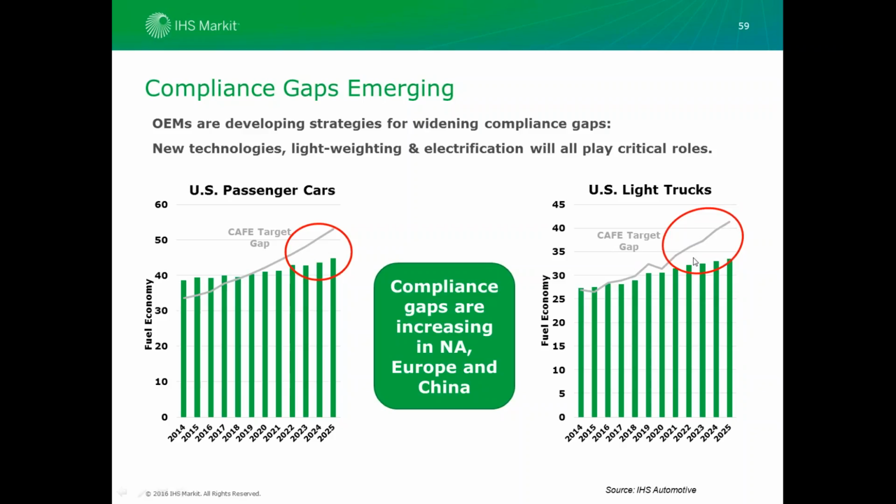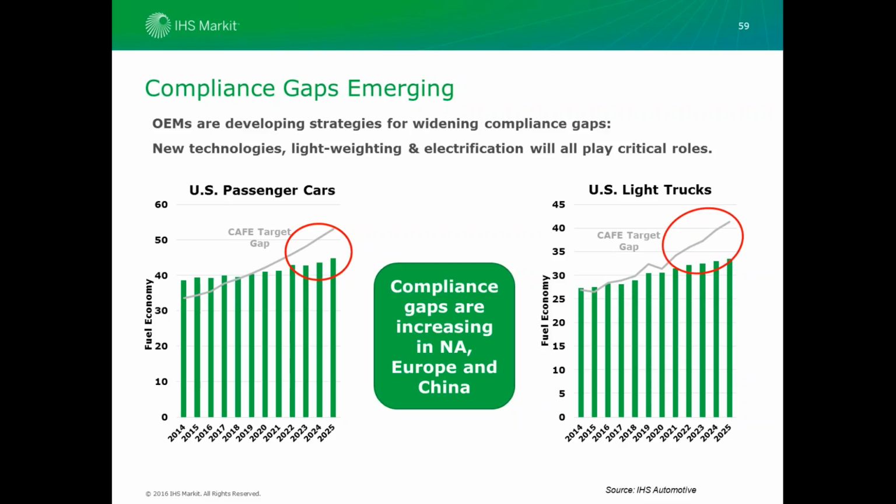And basically what that's saying is that the technologies that they're applying that we're talking about are not enough. And they're also going to be focusing in on things like lightweighting, electrification of the vehicle, and that's what I'm going to spend the rest of this talk on, talking about the electrification of the vehicle and what's going on there as the OEMs move forward.